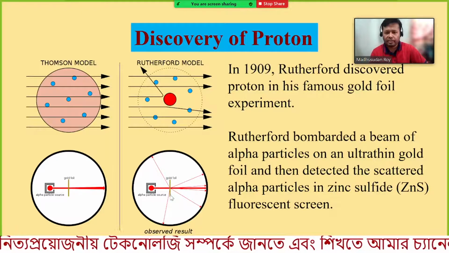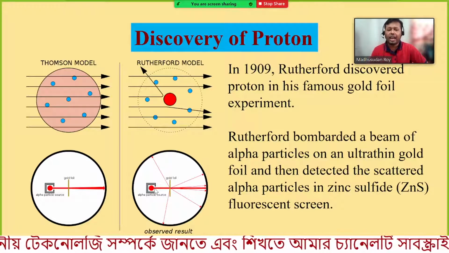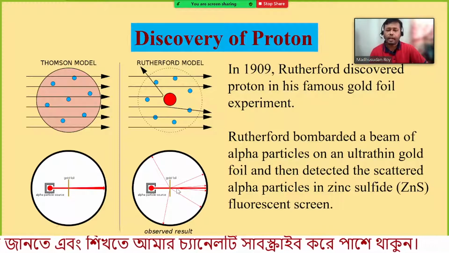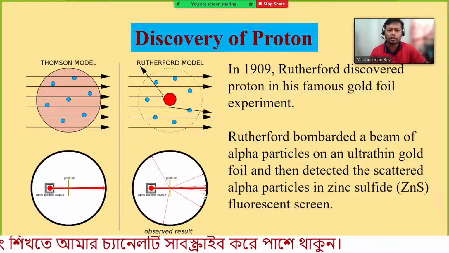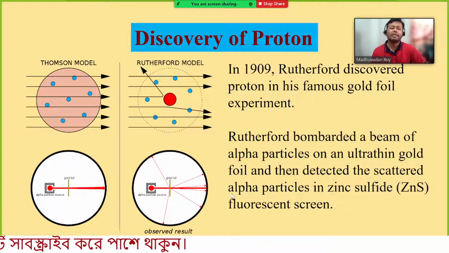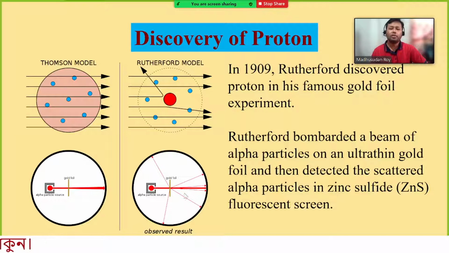When the alpha particles pass through the gold foil, most of them go through without any change of direction. So what is the idea? That means most of the area of the gold foil, or atom, is free or empty.